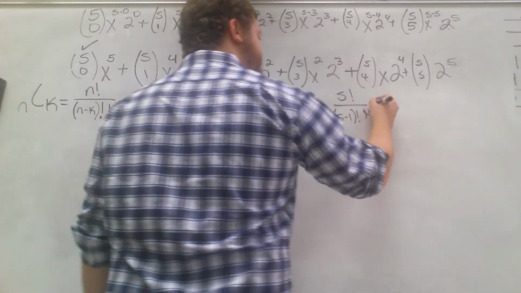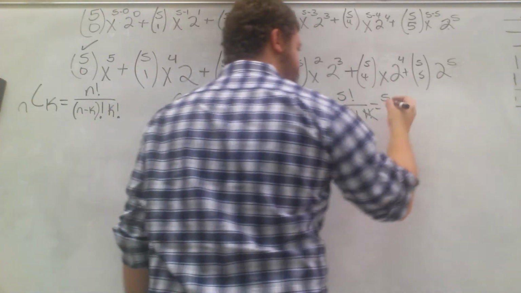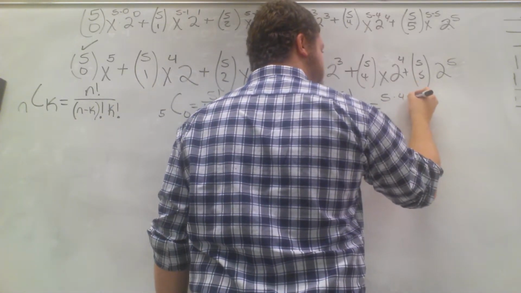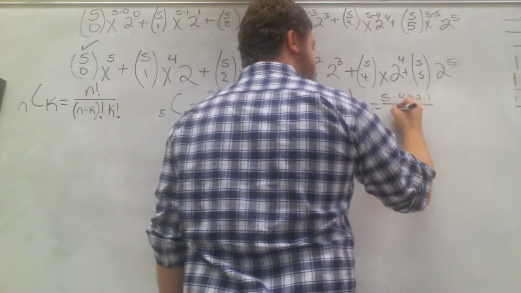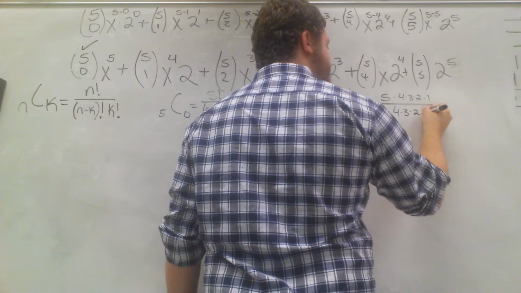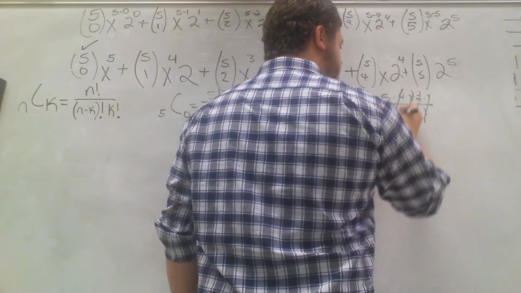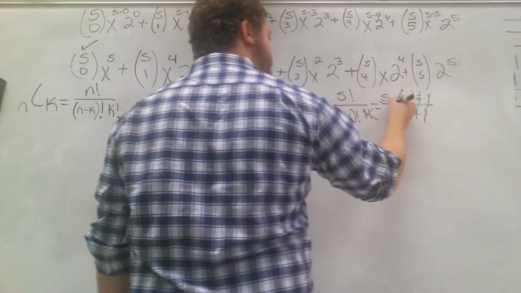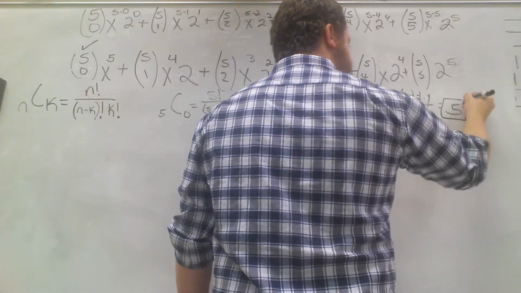Now I get 5 factorial over, what's 5 minus 1 factorial? 4 factorial. So 5 factorial is 5, 4, 3, 2, and 1 over 4 factorial, which is 4 times 3 times 2 times 1. Now what do I do? Cancel out. Everything cancels except for my 5, so that's my answer. So I get 5. Let me put that in a box.